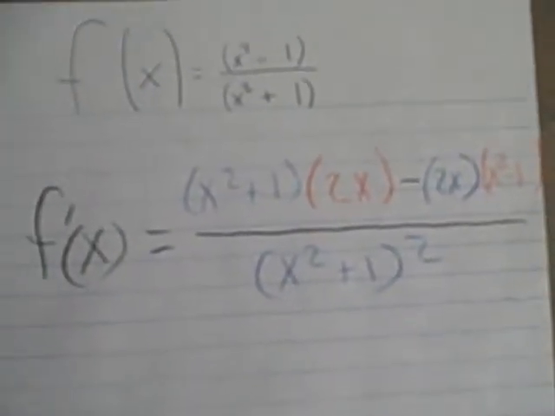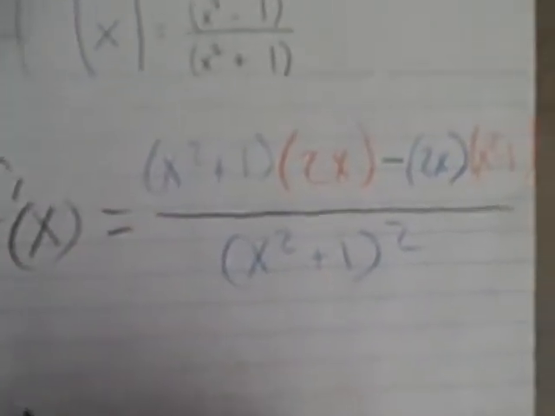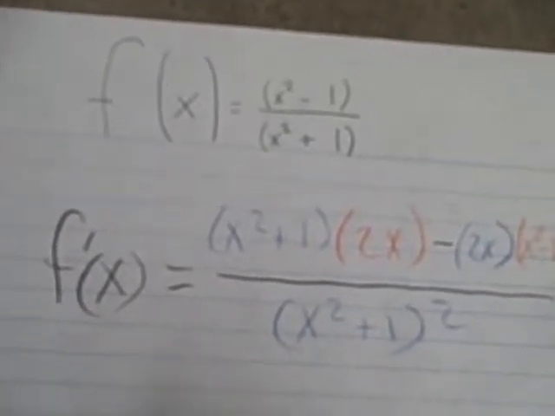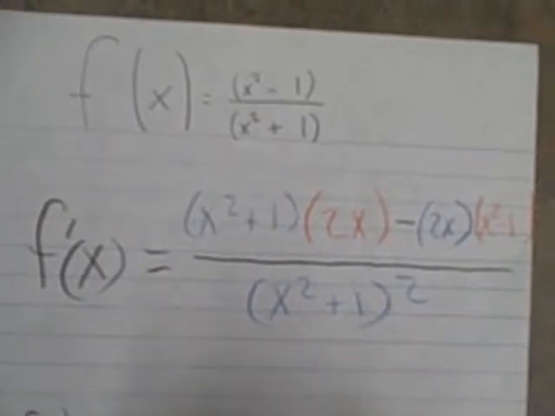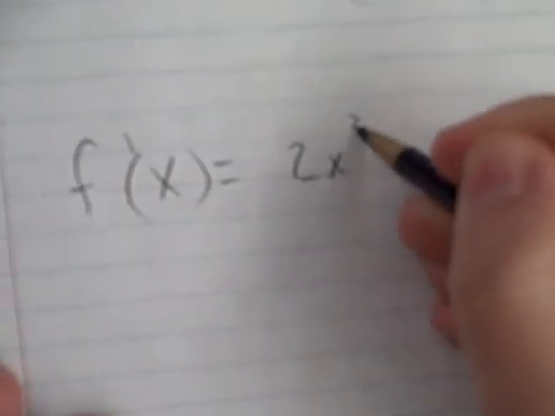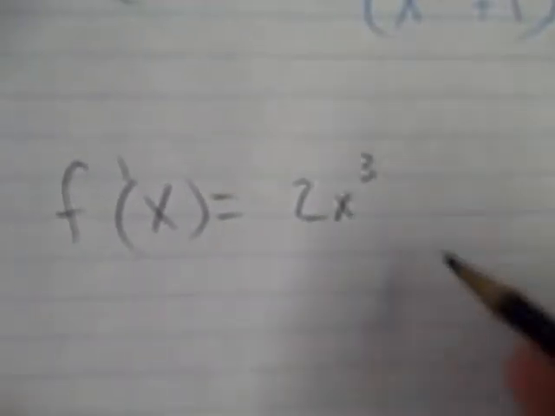Alright, so then we just have to FOIL the parts on the top. If we have x squared plus 1 times 2x, we multiply the x squared and the 2x, and that gives us 2x cubed. And then the 1 and the 2x gives plus 2x.